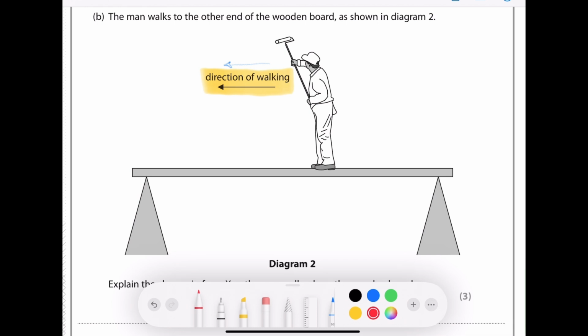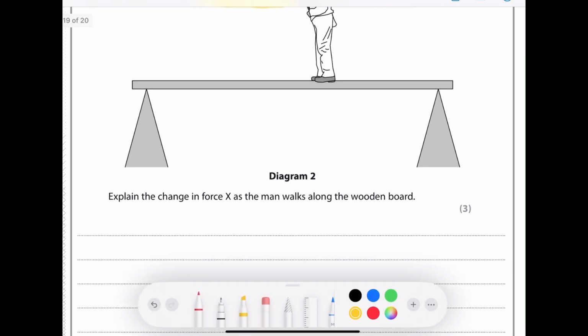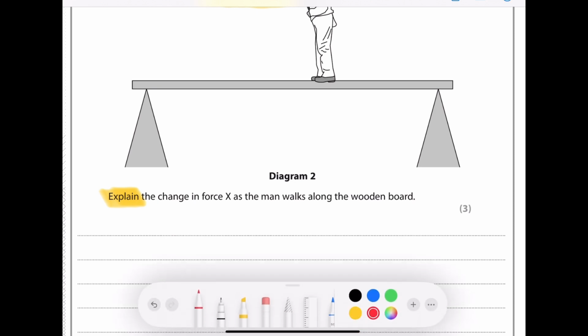Back again to the same concept of the principle of moments. My question is, is the wooden board still in equilibrium? Yes. So my point is to maintain equilibrium.